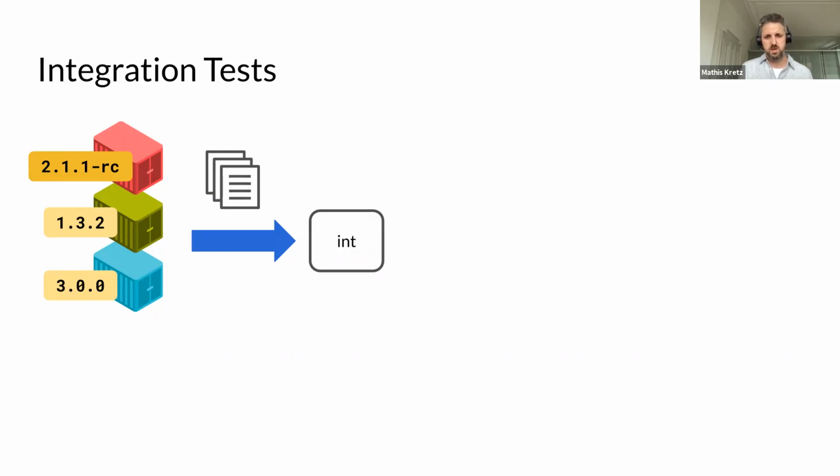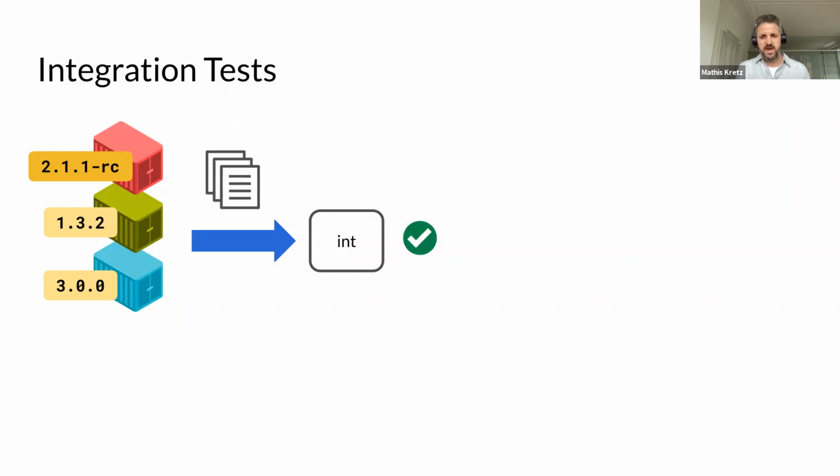So coming back to the integration test scenario, in this case, we would push the representation of the int environment to our Git repo, pinning the red microservice, in this case, to a new release candidate version, say 2.1.1 RC, and thus triggering its deployment. We would then perform our integration tests, and let's assume that these succeed.